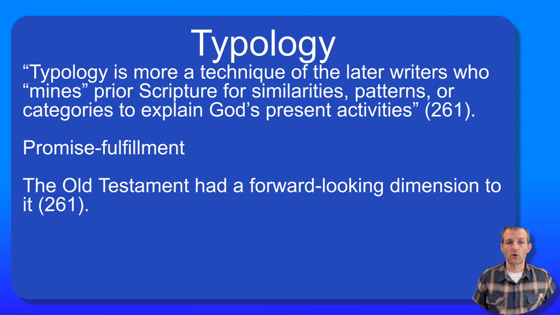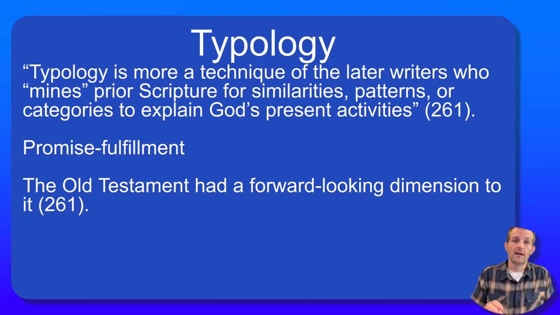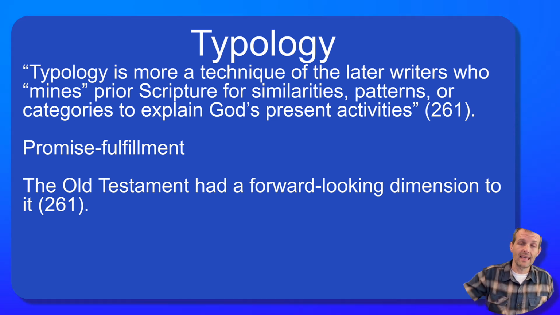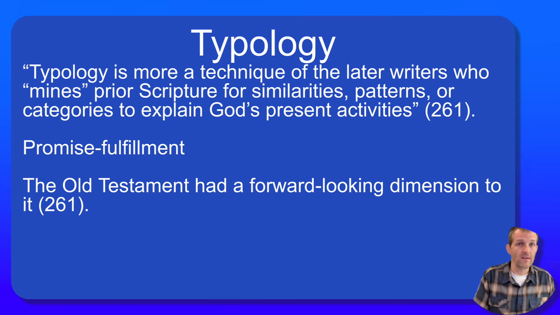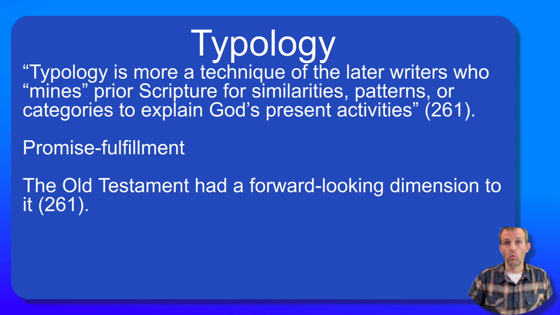And so as the authors remind us, the Old Testament has a forward-looking dimension. King David was not only important in and of himself, but King David was a type of a king looking forward to Jesus, the true king who would come. And the Exodus event was an important event, but it looked forward to what God would do later on through his son Jesus.